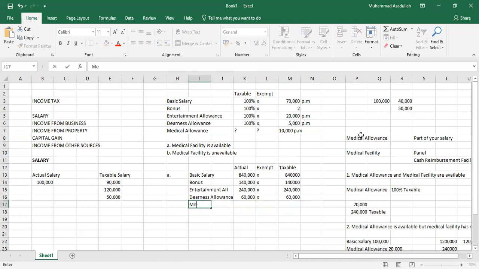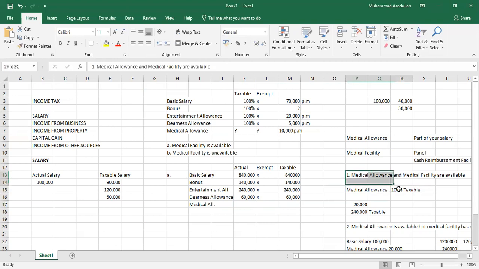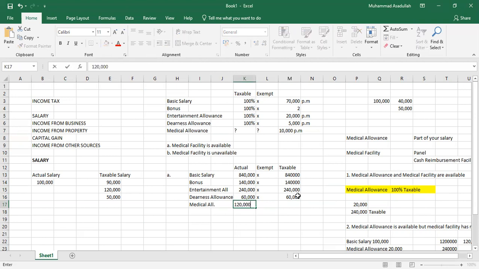The last one is the medical allowance. In case A, the medical facility is available. We have learned that if the medical facility is available, the medical allowance will be 100% taxable. The medical allowance is 10,000 rupees per month, so per annum it will be 1,20,000 rupees, and nothing has been exempted.